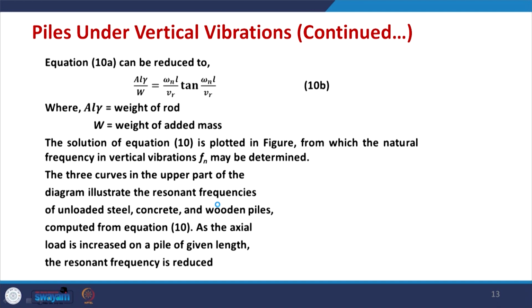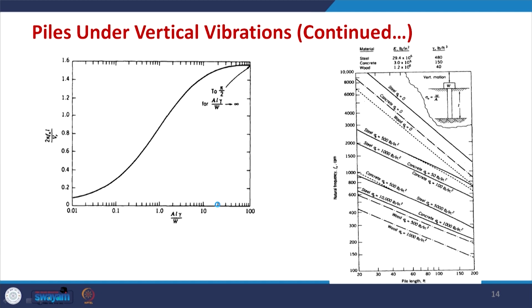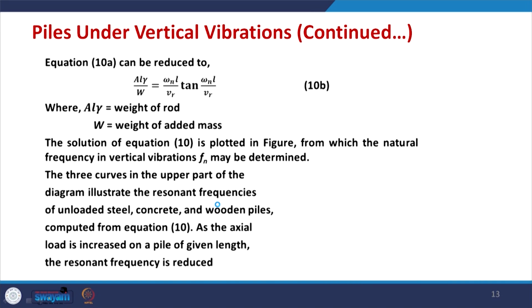Here you need to understand that in this equation both sides have the same dimensions: on one side AL into gamma divided by W, and on the other side the other term. This can be plotted as given in figure 10. In figure 10, you have AL gamma over W, where W is the weight of the added mass.